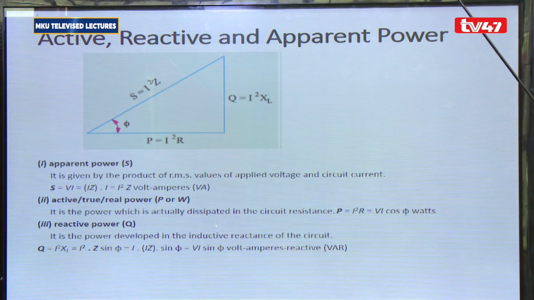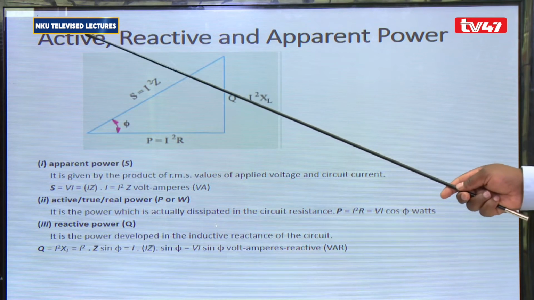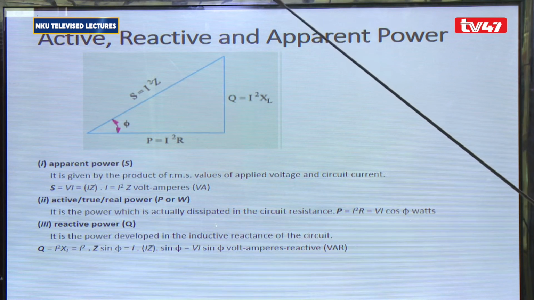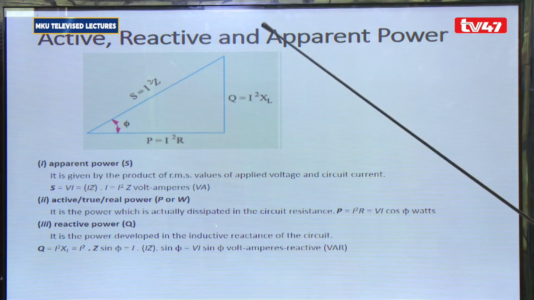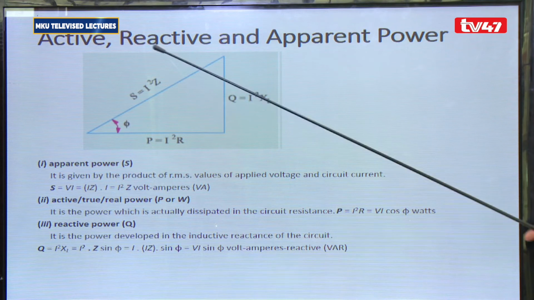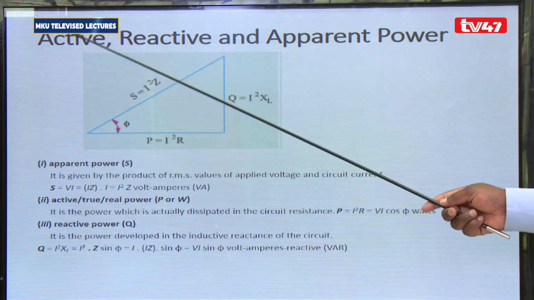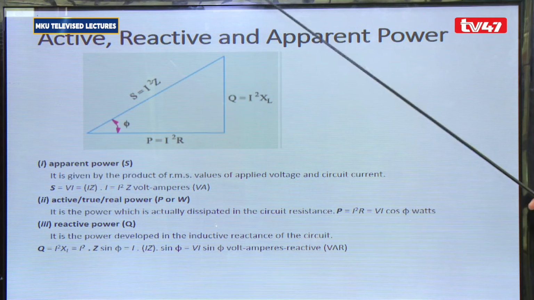In AC systems, active or real power is the power that is actually used by the loads. It is the important power. It's the power that is used by the motors, all those devices, the actual power.